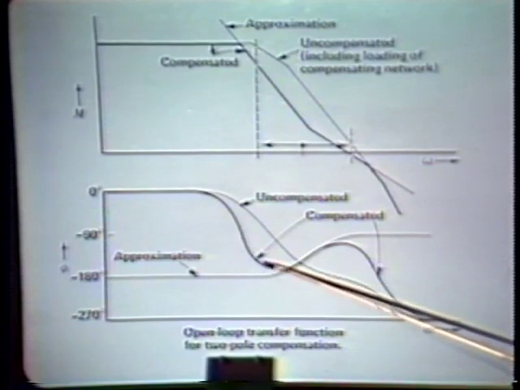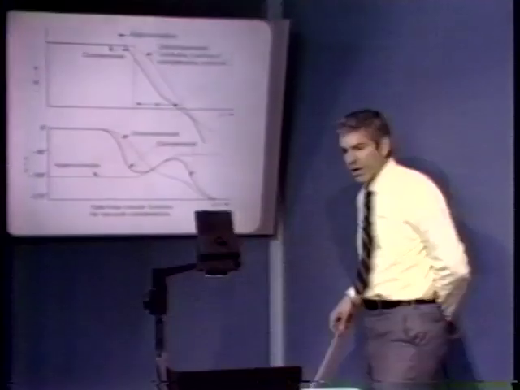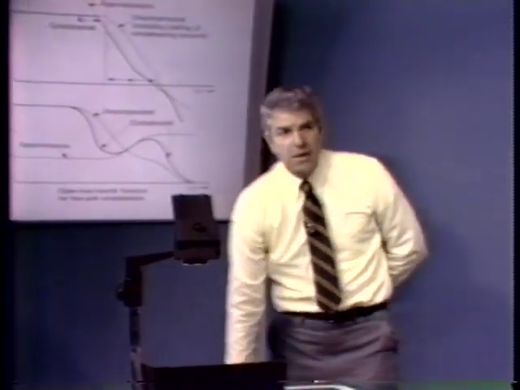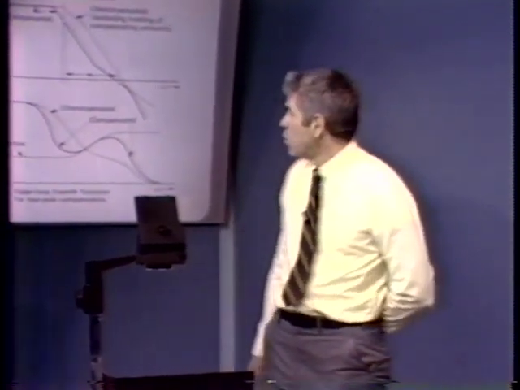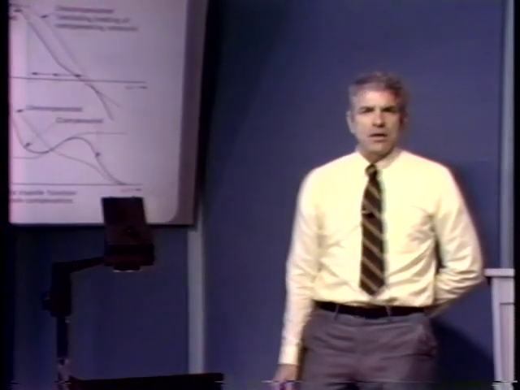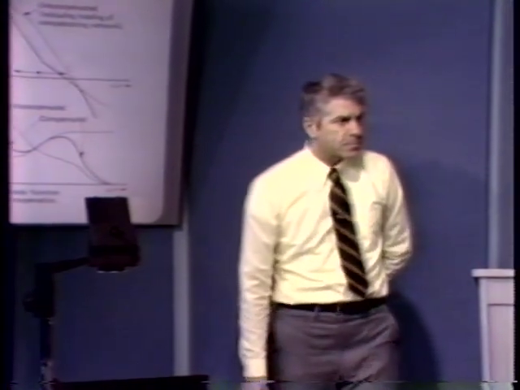This is the kind of pattern that we very frequently get with lag compensation. So the 1 over s squared sort of minor loop compensation, the kind that forces a 1 over s squared roll-off over a wide range of frequencies, is the parallel to lag compensation in the series compensated case.